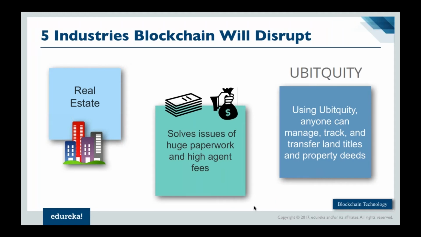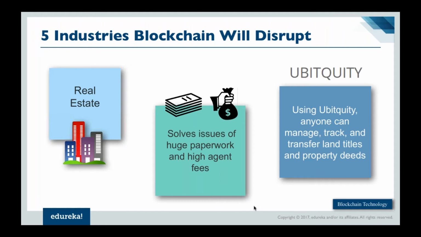Once we track the land itself on the blockchain, and if we change the ownership of the land from one person to another, the ownership is recorded publicly on the blockchain. So everyone knows the history of the title changes. It's a very nice use case which can also be used in government land tracking, land registries.